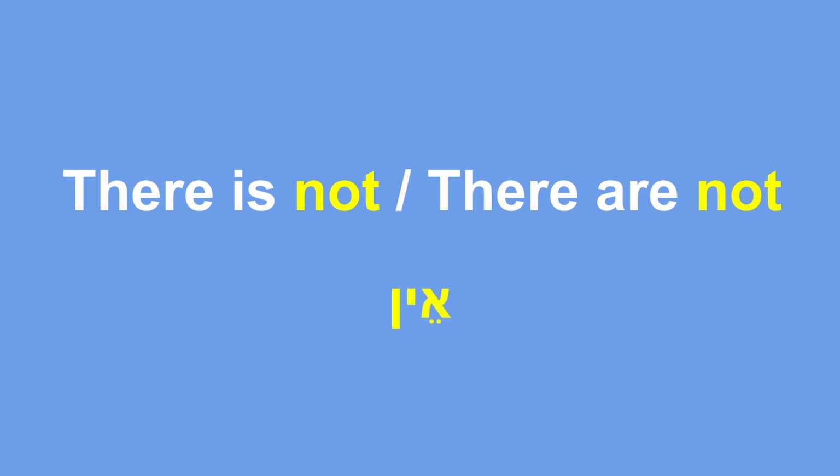אין. In Hebrew, in order to say I have, it will literally be there is to me. So remember the la preposition, how to inflect it. So it will be yesh li.